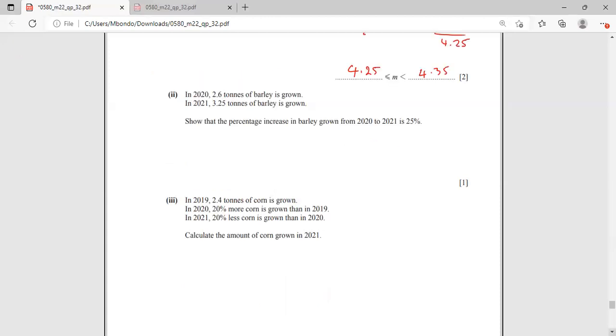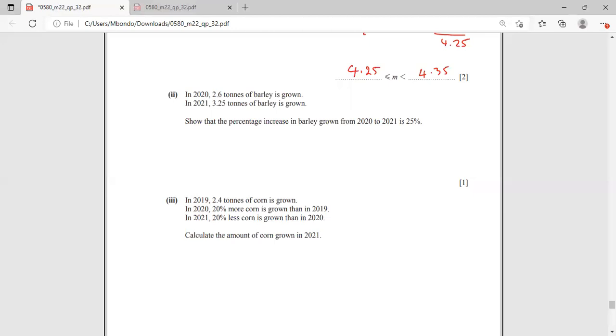Then we are coming to the end. We have in 2020, 2.6 tons of barley is grown. In 2021, 3.25 tons of barley is grown.